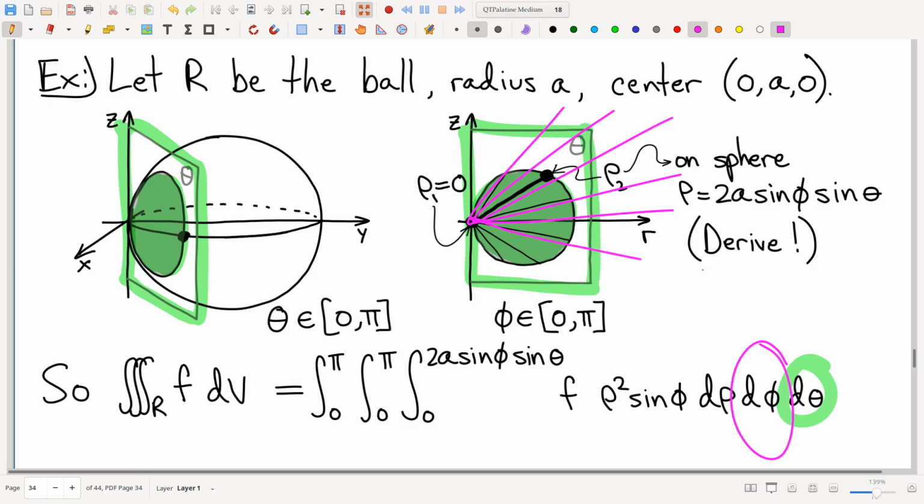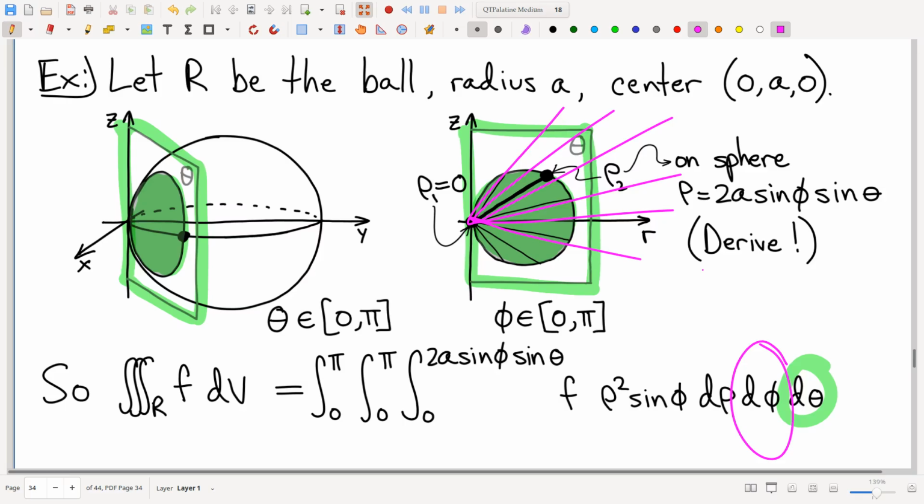And let's think about first and last. Again, this is a geometric appeal, but you have to think about how this cross section is a disk. The disk is bounded by a circle, and the circle is tangent to the z-axis at the origin. Again, it's because of the picture.